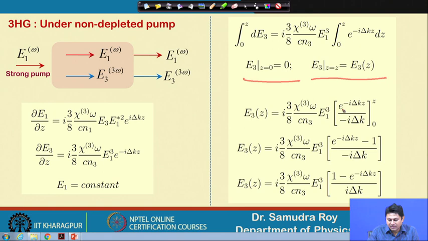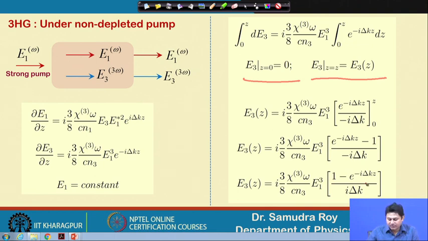It will be, as usual, e to the power of minus i delta k z divided by i delta k, with the limits 0 to z. We put in 0 and z, and we can write it as e to the power of minus i delta k z minus 1, because at z equal to 0 it is 1, divided by i delta k with a negative sign.